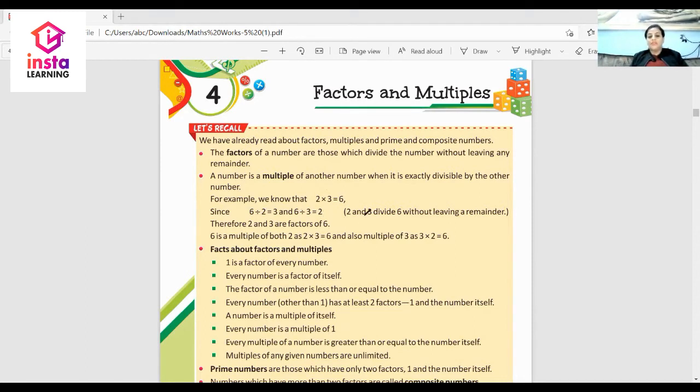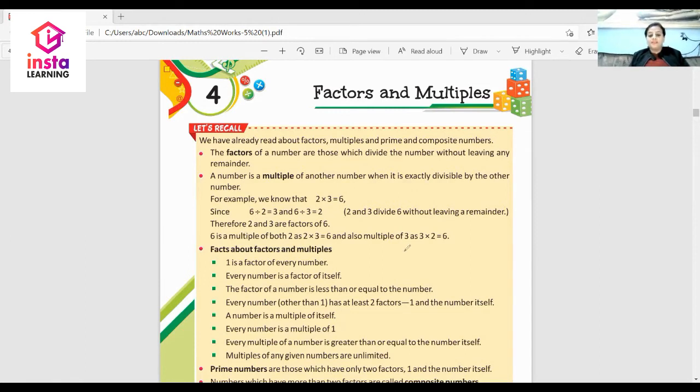So 2 and 3 divide 6 without leaving a remainder. Therefore 2 and 3 are the factors of 6. So 6 is a multiple of both. 6 comes in the table of 2 and also of 3.